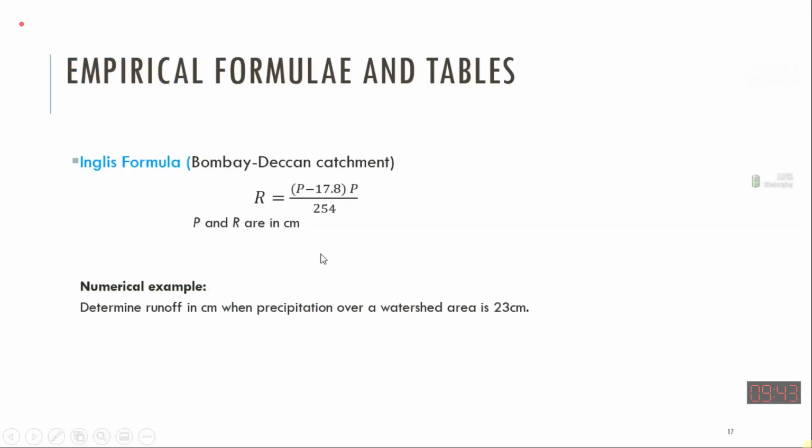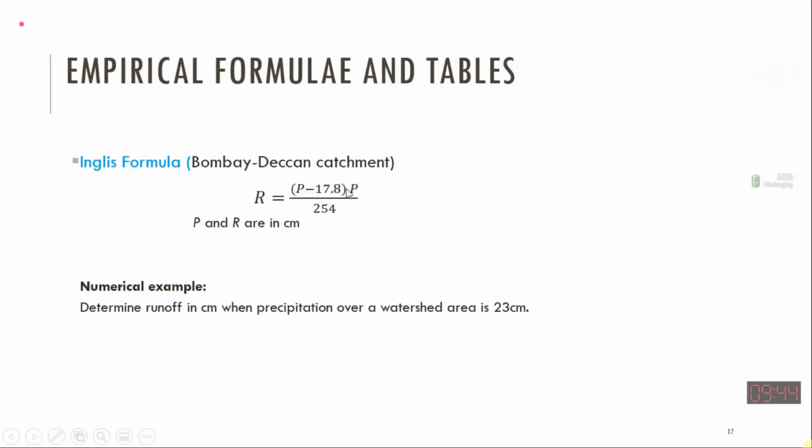One such empirical method is the English formula. English was a scientist working in this area of India and Pakistan, for the Bombay Deccan catchment, which is one of the catchments in present-day India. He said that runoff for that catchment at the Bombay Deccan outlet is precipitation multiplied by a coefficient.